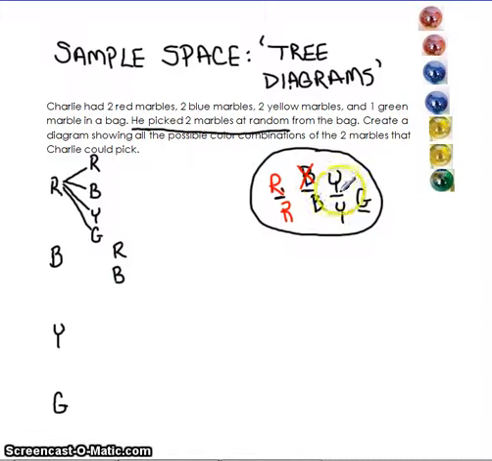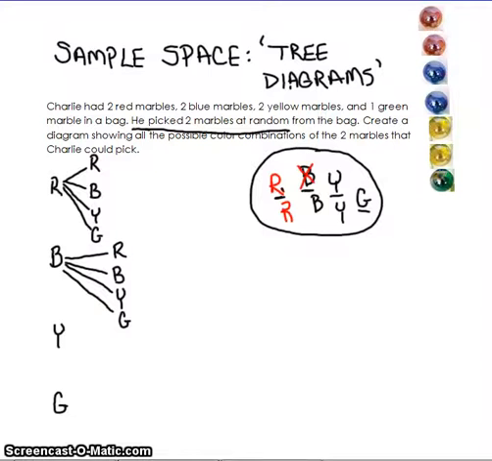Could we get a yellow? Yeah, we could. Could we get a green? So what you see is we could go blue and then red, blue and then blue, blue and then yellow, blue and then green. So this 4 possibilities here, 4 possibilities here.